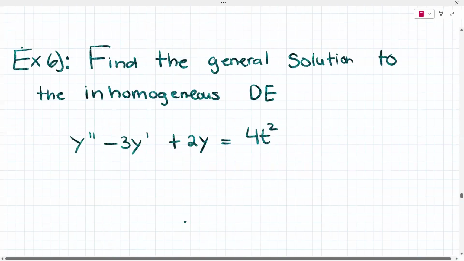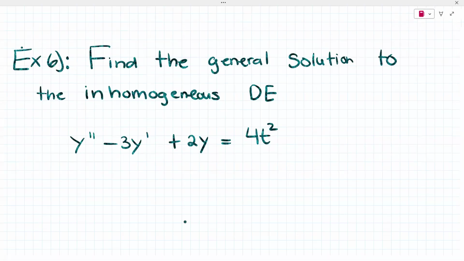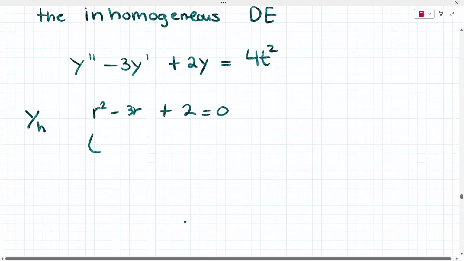Okay, example 6 says find the general solution to the inhomogeneous differential equation. We have y double prime minus 3y prime plus 2y equals 4t squared. So the first step is find your yh. So this now becomes r squared minus 3r plus 2 equals 0. Go ahead and factor this out.